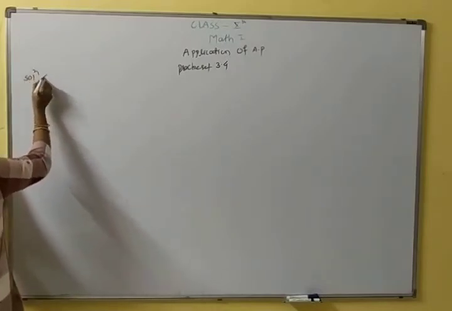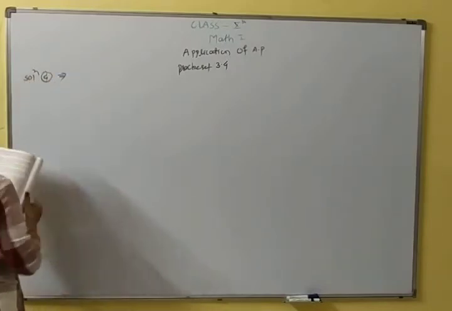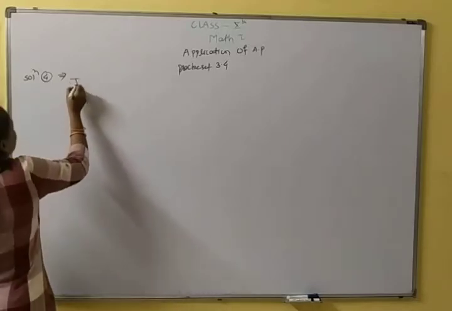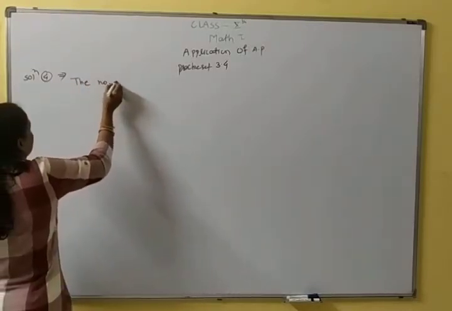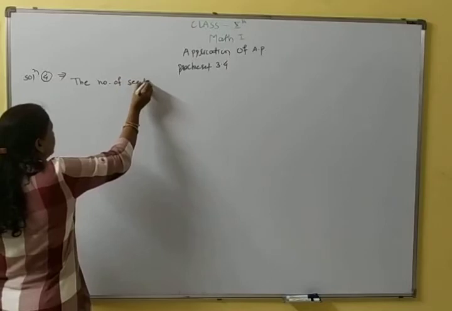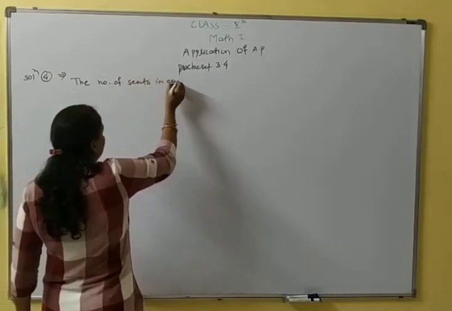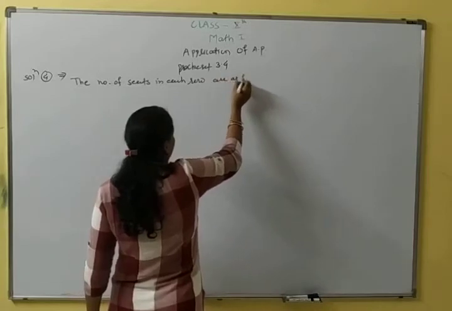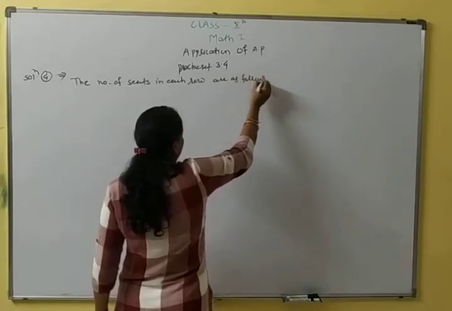Solution 4. There is an auditorium with 27 rows of seats. There are 20 seats in the first row. The number of seats in each row are as follows.